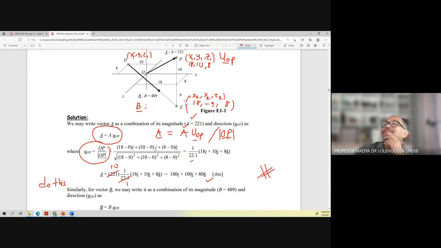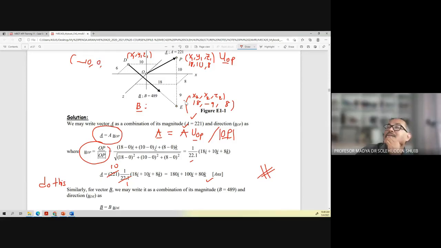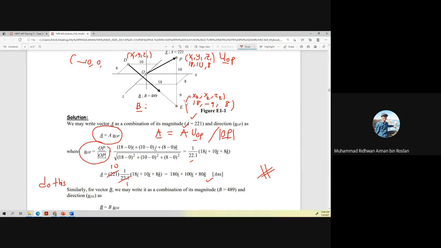How about this one, D? This one is positive, so going down. Anybody want to try? x is -10. Y is plain, 0. How about z? -6.